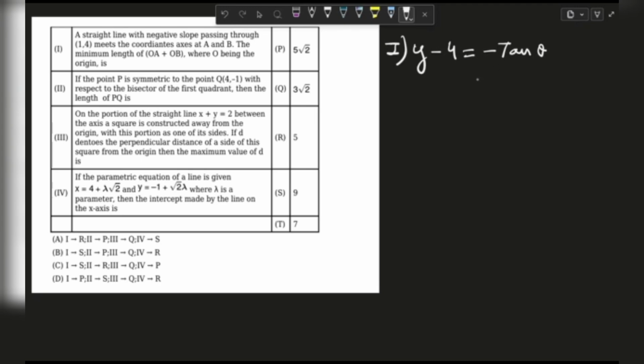I mean, we are actually taking theta to be negative. If you observe, I will try to show you with the diagram. Theta here is negative, or if you take it from this side.